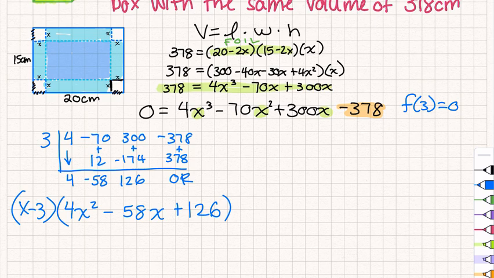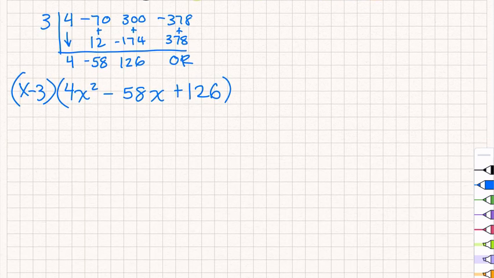I'll give you a moment to factor this. You can use quadratic formula, you can use whatever you like here. I'm just going to do this on the side. If we use quadratic formula, our a value is 4, our b value is negative 58, and our c value is 126.